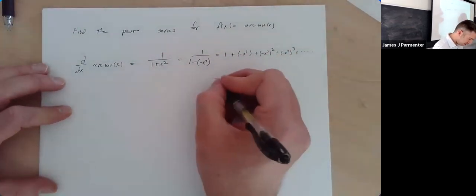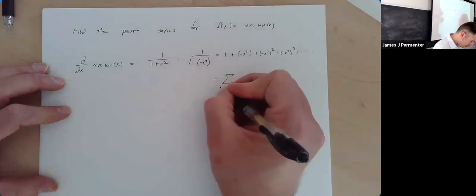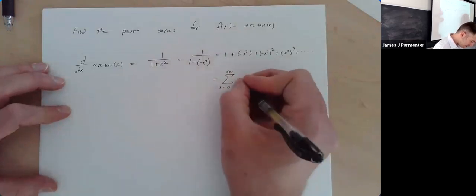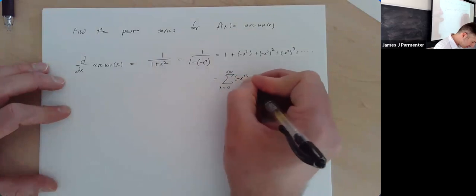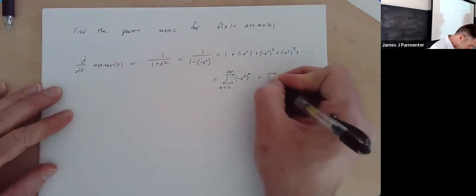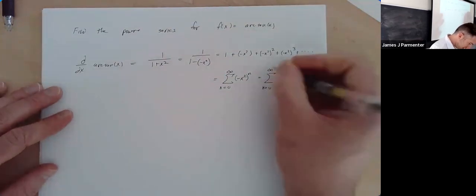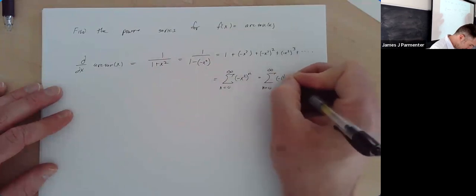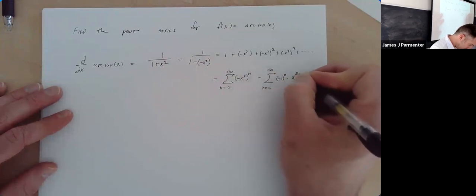That's looking a lot like the sum from n equals 0 to infinity of negative x squared to the nth power. Which again, I think it is in your interest to rewrite as the sum from n equals 0 to infinity of negative 1 to the n times x to the 2n.